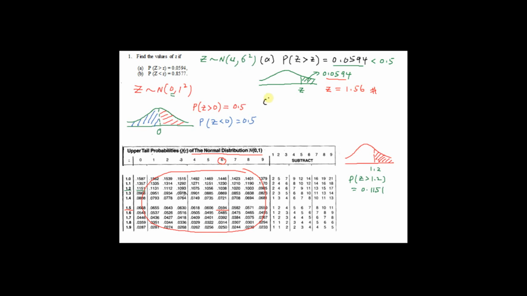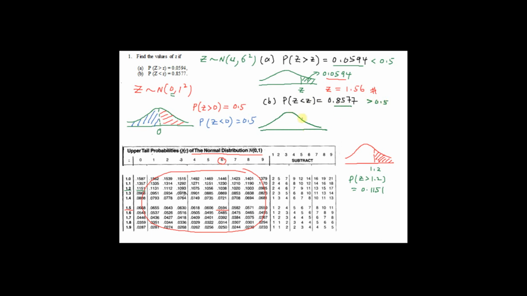Now for part B, we have to find the probability Z lesser than z equals 0.8577. The first step is always to shade the area first. So this is a standard normal distribution. You can see here this value is more than 0.5.